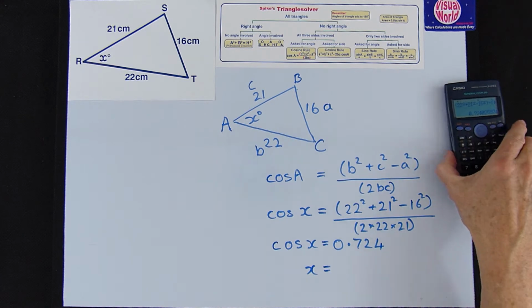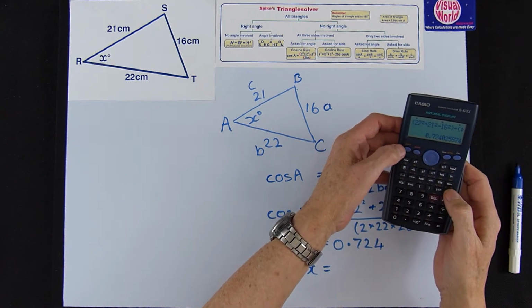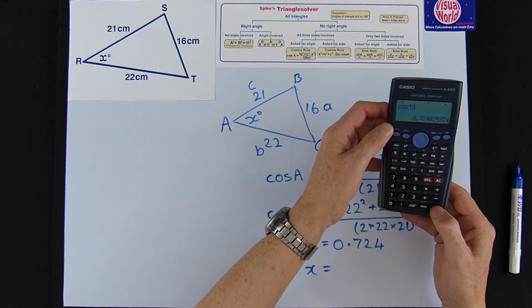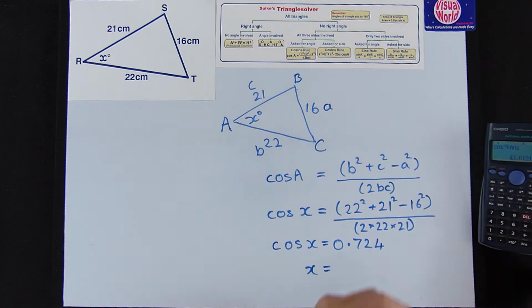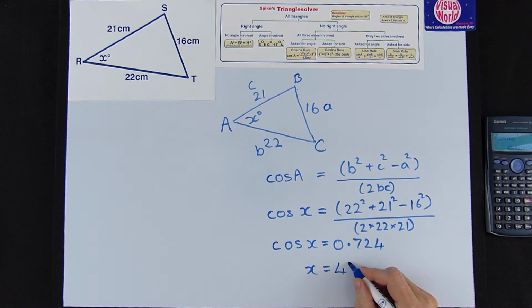It's actually cos minus 1, so you go shift the cos, or second function cos. So we go shift cos, and you can just press equals because it'll take the answer in, and you can see to one decimal place our answer is 43.6. And that is our first example.